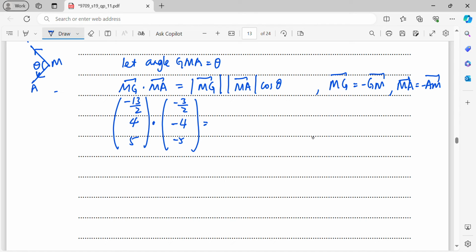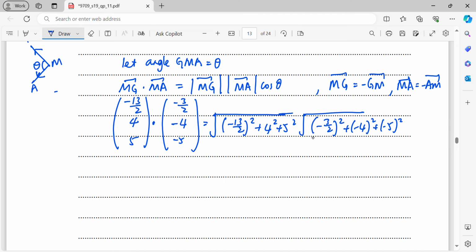Now for the magnitude, just take the square of each component and add all together. The first one, I'll get negative 13 over 2 squared plus 4 squared plus 5 squared. That is the first magnitude. The second magnitude is negative 3 over 2 squared plus negative 4 squared plus negative 5 squared. Magnitude is actually the length, followed by cos theta at the back. For the dot product, you multiply first and then add all together.